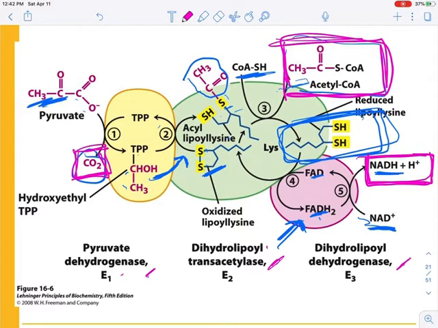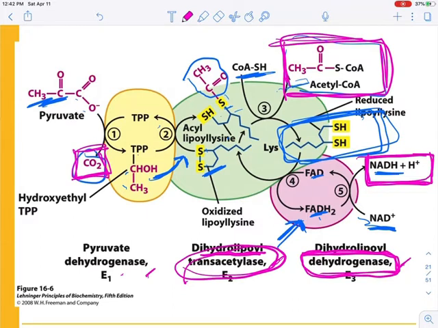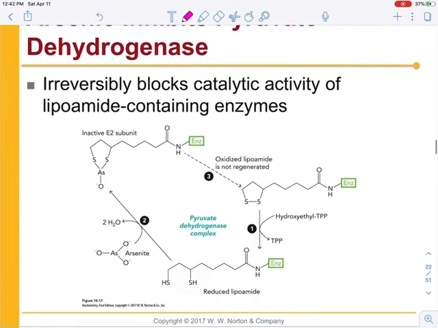Dihydrolipoyl transacetylase, so we're taking a dihydrolipoyl molecule and acetylating it, and then dihydrolipoyl dehydrogenase, we are taking that dihydrolipoyl molecule and removing the electrons from it. So the enzyme name itself tells you what's going on. So complicated, I go through it independently, but if you're able to follow where your pyruvates are, if you're counting your carbons and following the electrons, you're good to go.